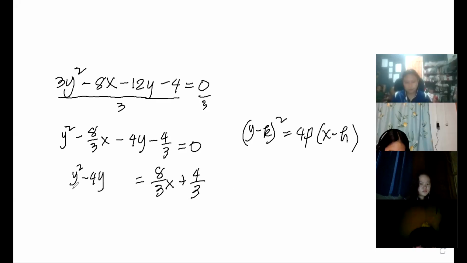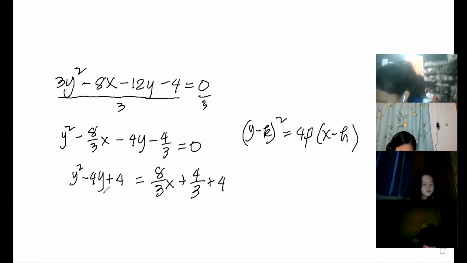So you make it a perfect square trinomial, right? What will be added there, Nasri? 1 plus 4, sir, on the left side. Very good. Both sides of the equation should be added by 4, because if you add 4 here, it will be a perfect square, right?